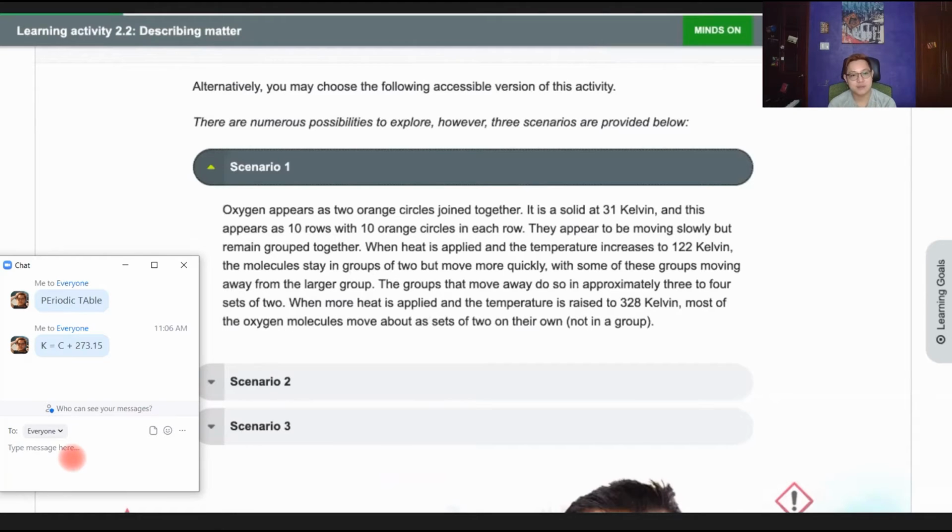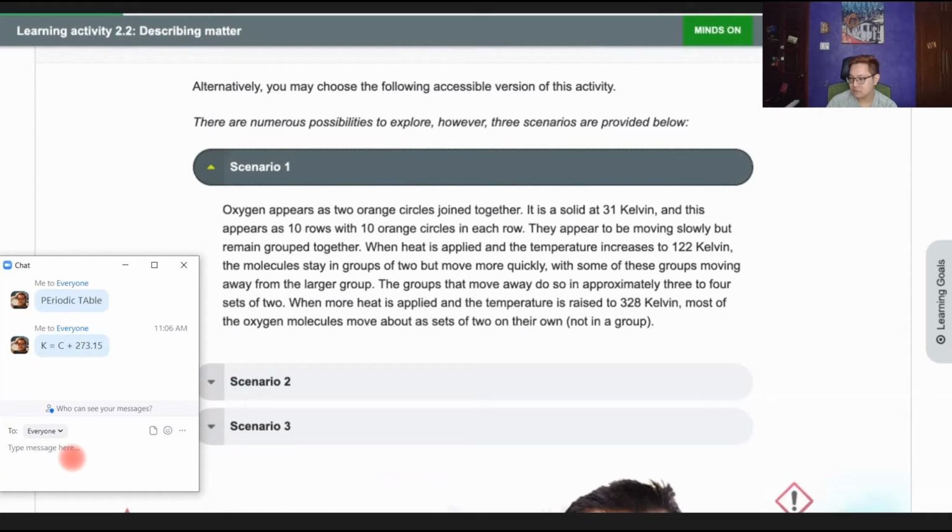Kelvin equals degrees Celsius plus 273.15. So 31 Kelvin would be about minus 242 degrees Celsius. That's when oxygen becomes solid. It's extremely, extremely cold at that temperature, minus 241 degrees Celsius. Anyway, it's 31 Kelvin.